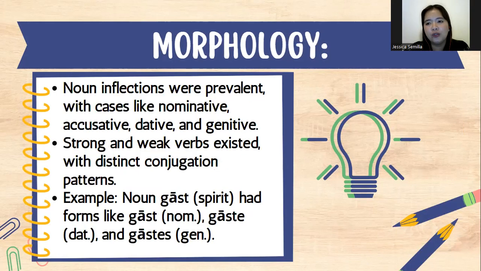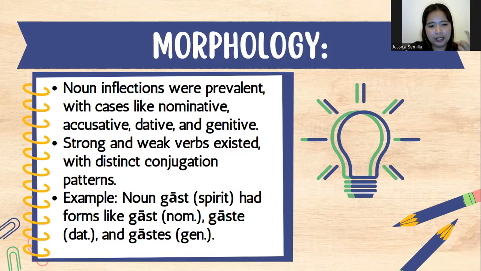Also with morphology in the pre-Old English, noun inflections were prevalent, with cases like nominative, accusative, dative, and genitive. What do you mean by that? When some letters are added to the word, different genders are being identified already.